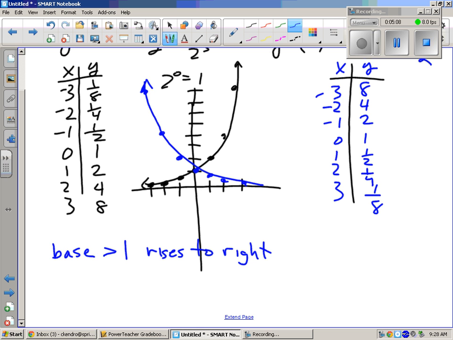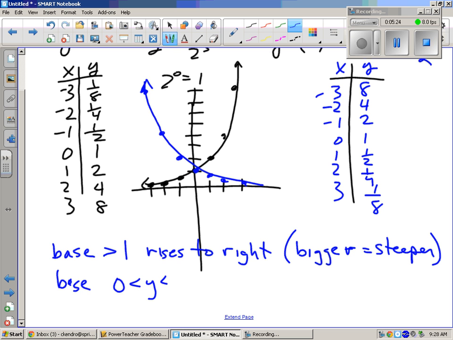And the bigger the number of the base, the steeper it's going to be. So if that was a 3, it would rise even more quickly. If the base is between 0 and 1, then we say it rises to the left. And this time the bigger means it's going to be flatter.